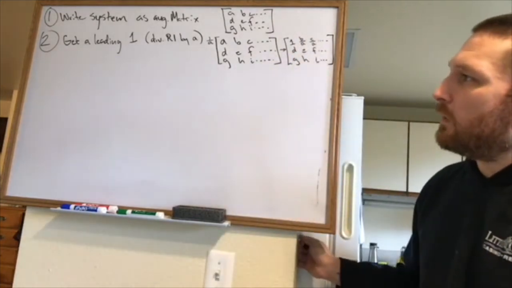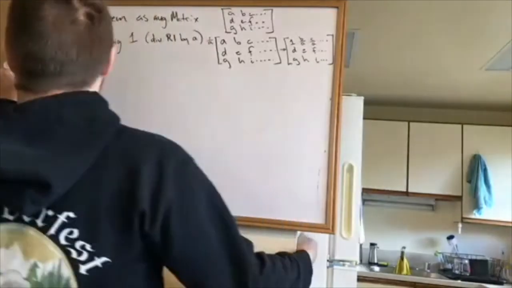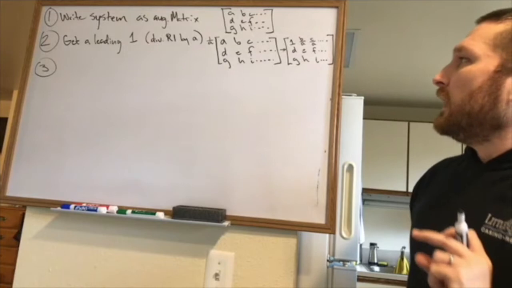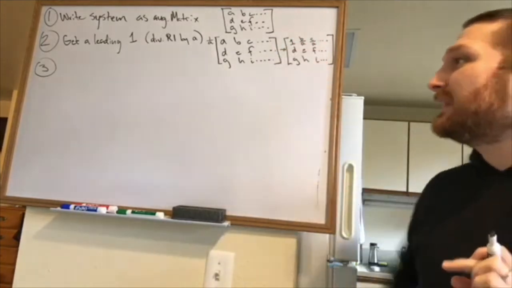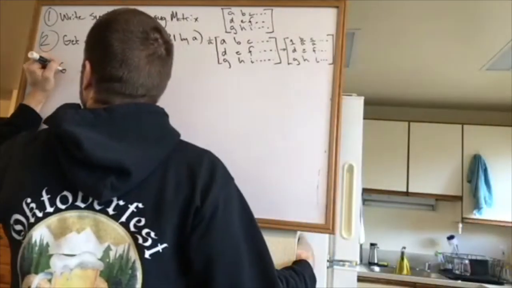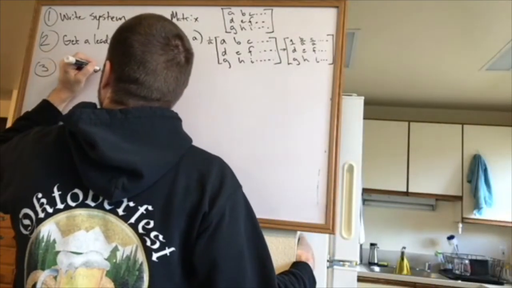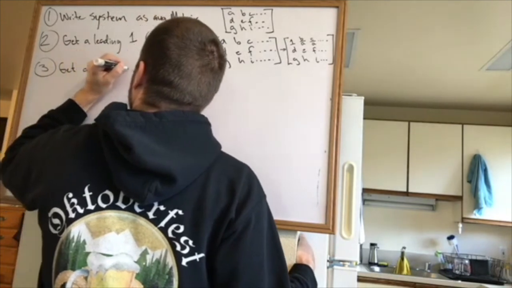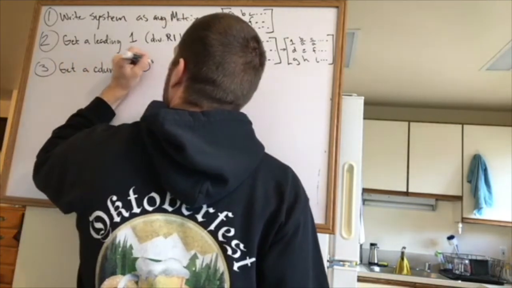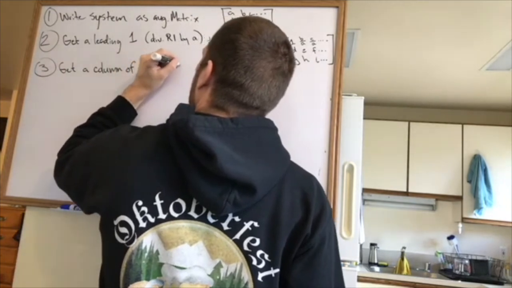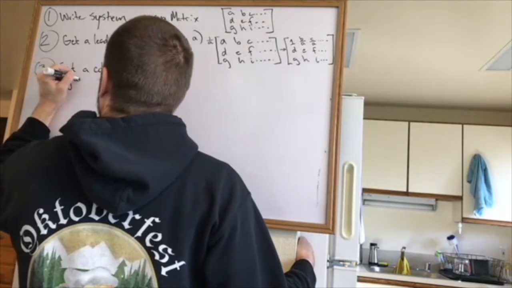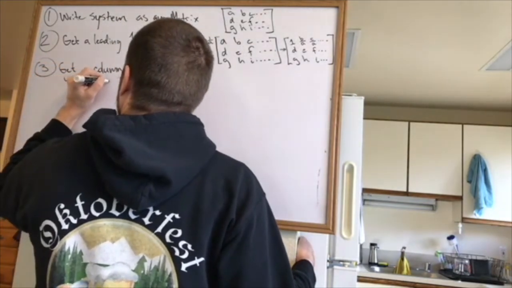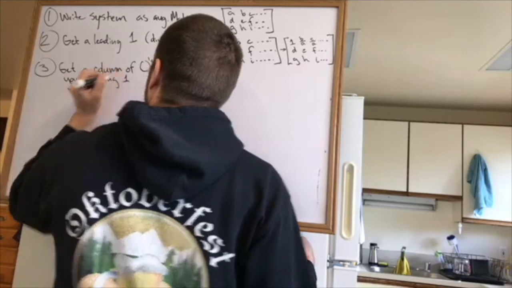Okay. Now, step 3. Get a column of zeros beneath your leading one.